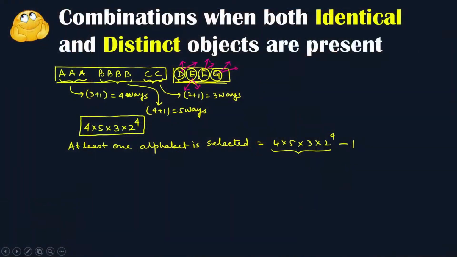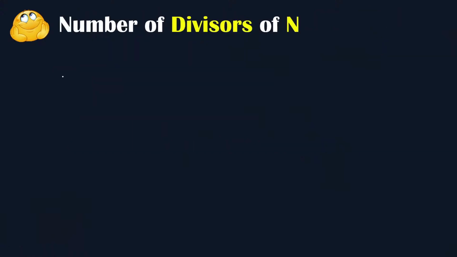Okay, let's move on to the next part. Now we are going to learn a new thing, that is finding out the number of divisors of n. This n is basically a natural number. Now we all know that any natural number can be expressed as a product of primes.